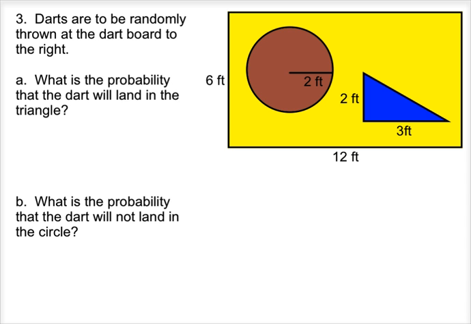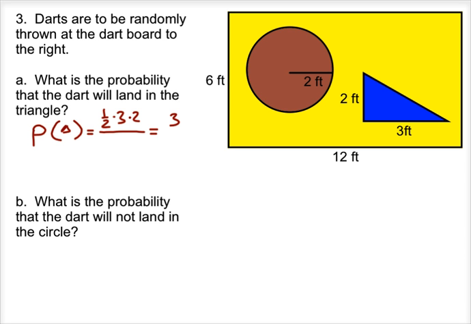Number 3. Darts are to be randomly thrown at the dartboard to the right. Part A, what's the probability that the dart will land in the triangle? I'm really trying to find the probability that the dart is inside the triangle. To figure that out, I want to know the area of the triangle. The area of a triangle is 1/2 base times height, so it's 1/2 times the base of 3 times a height of 2, which gives me an area of 3.